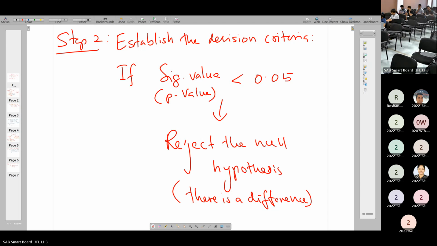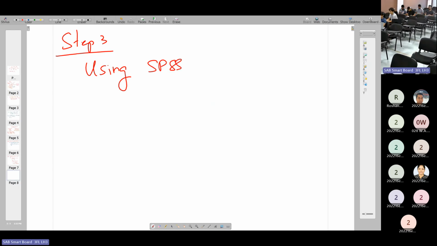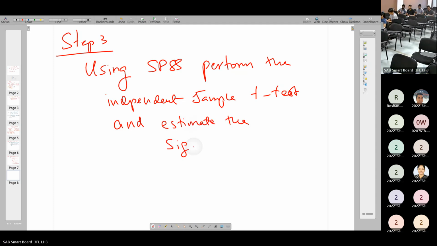Step number 3. Using SPSS, perform the independent sample t-test. This is step number 3.